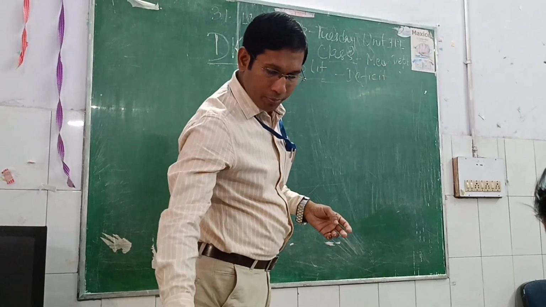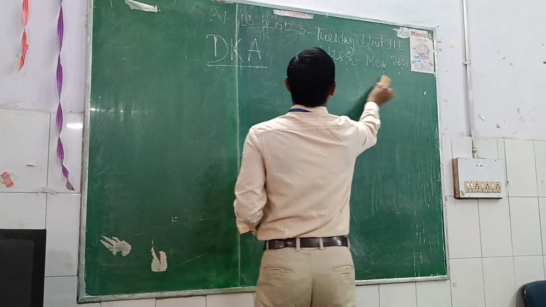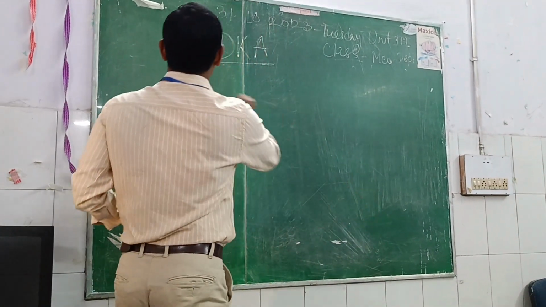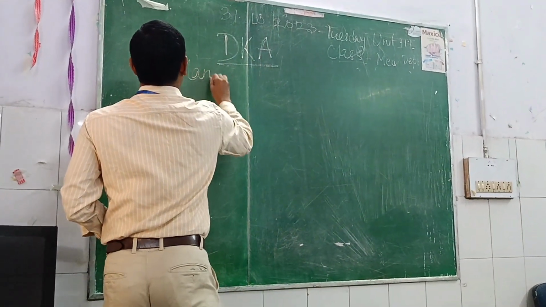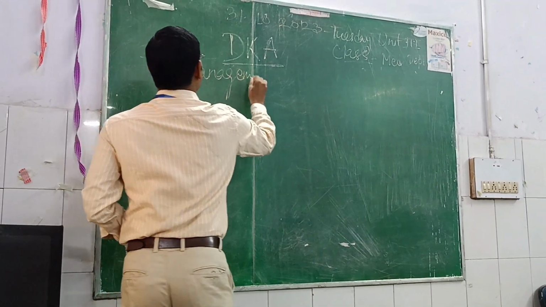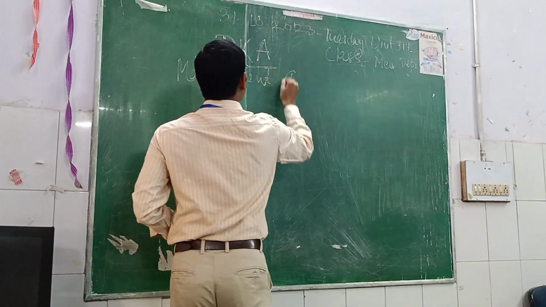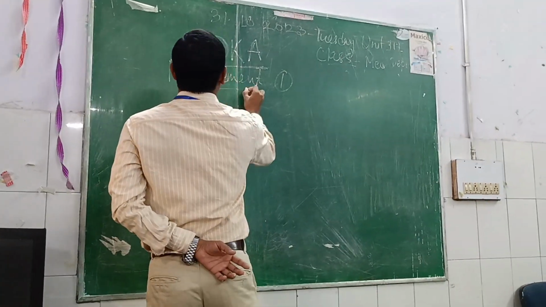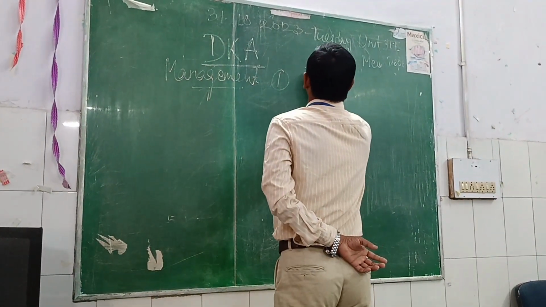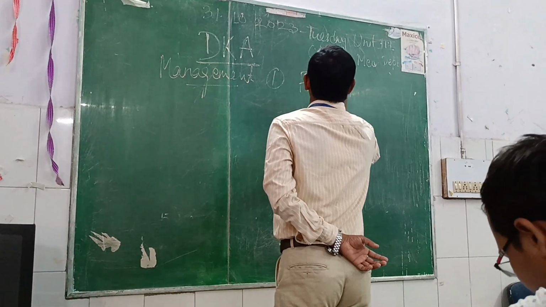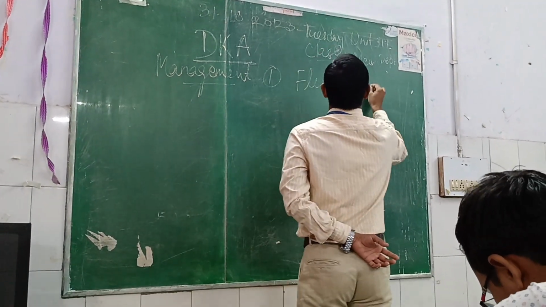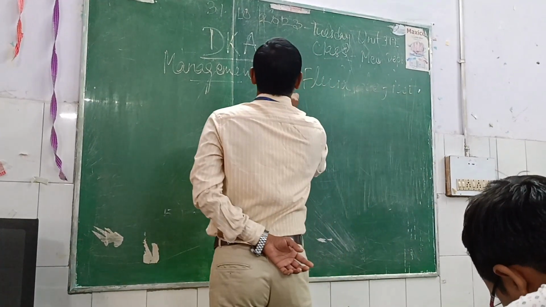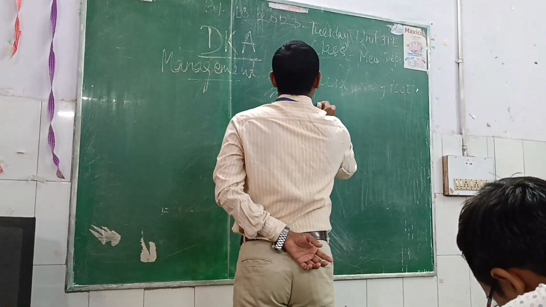So the basic principles of the management of diabetic ketoacidosis: number 1 is management of fluid deficit, and number 2, management of hyperglycemia.